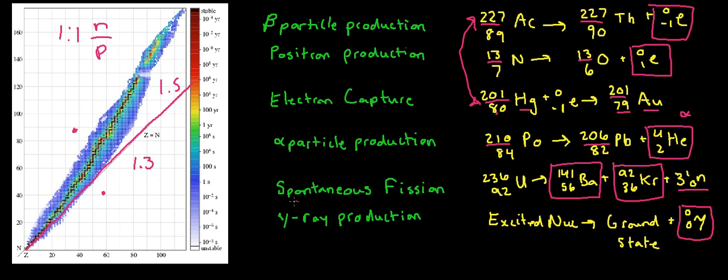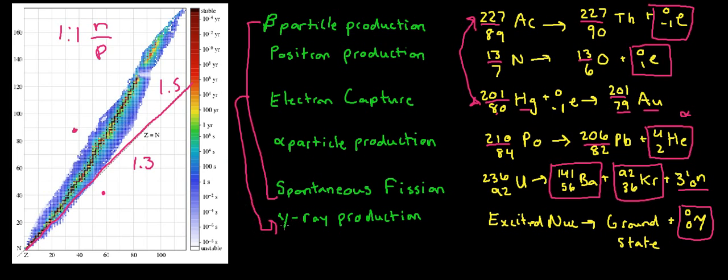Now this occurs basically alongside all of these other reactions. There's always going to be gamma rays released. But this one is off on its own. I put this one off on its own because this can happen on its own.